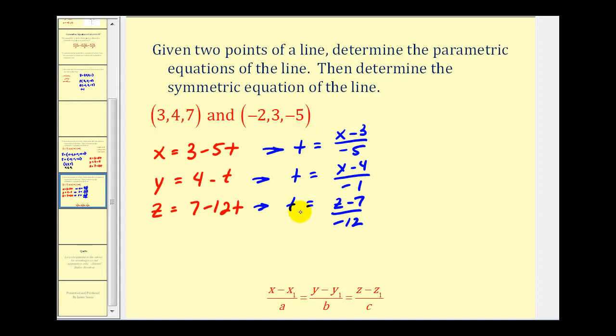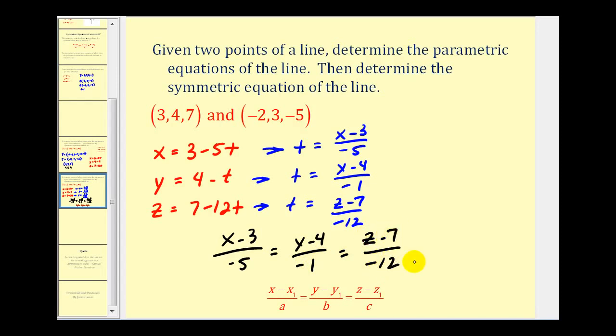Now that we have all these equations equal to t, we can set the right sides equal to each other, which will give us the symmetric equation of this line. So we'd have x minus 3 divided by -5 equals y minus 4 divided by -1 equals z minus 7 divided by -12. And now we have the symmetric equation of this line.